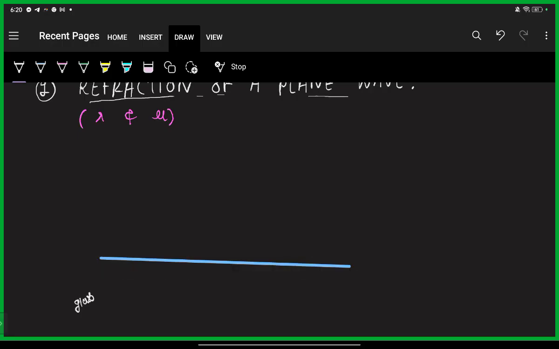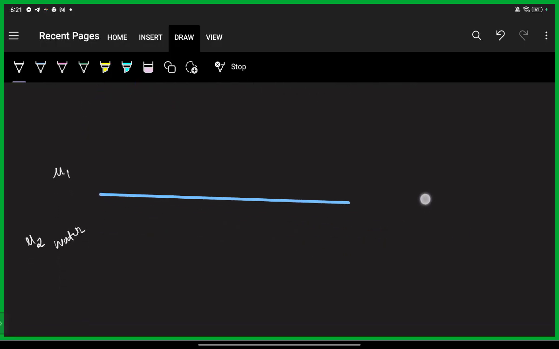You can take it as water also. Let's take water. So it must have a refractive index, right? Let's call it mu. And the rays which are coming, let's say, have a refractive index mu1, or it's air. In that case, air has a refractive index of 1, right?